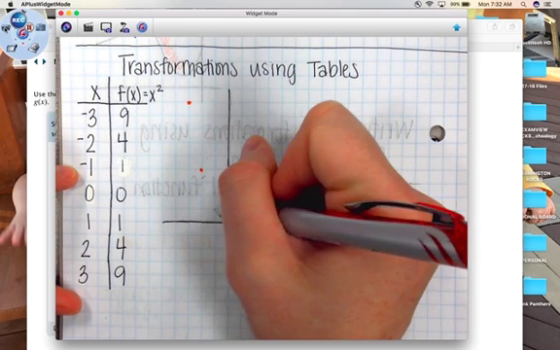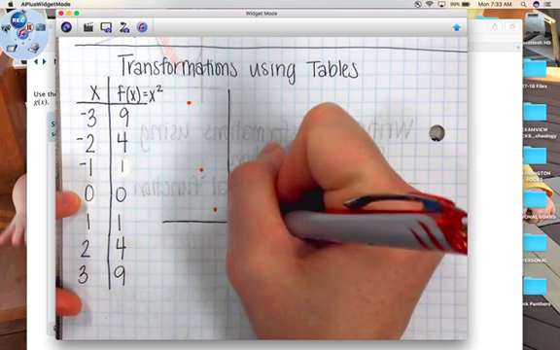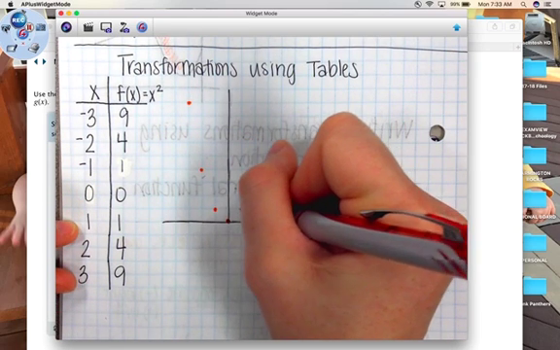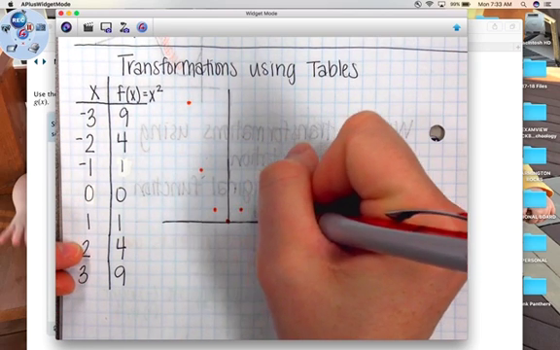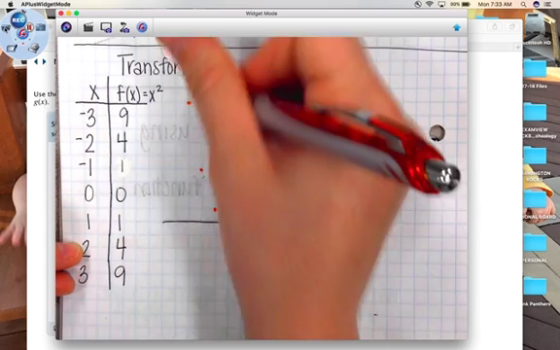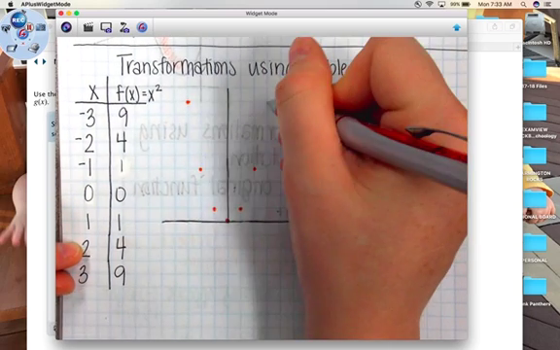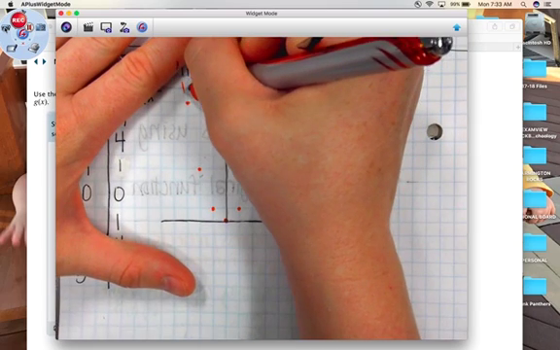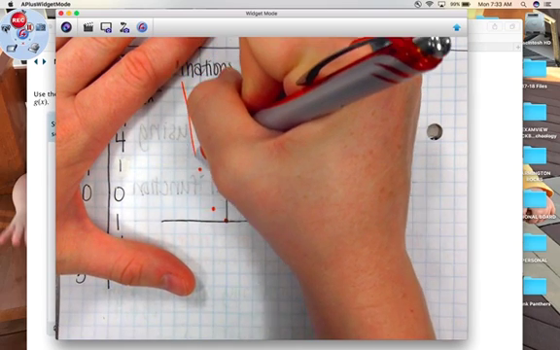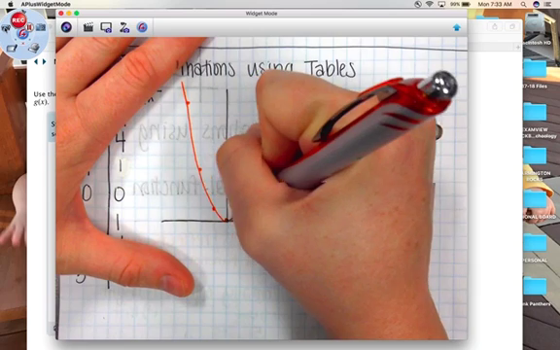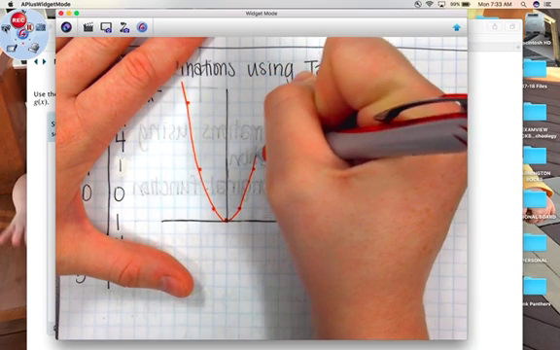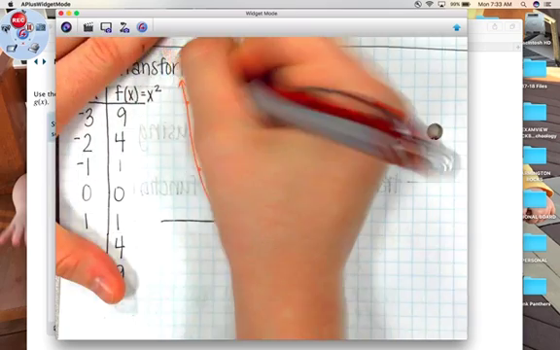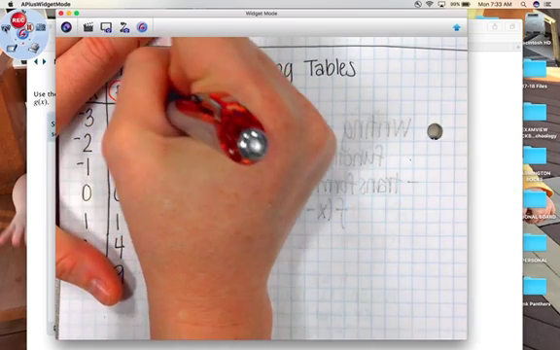And remember, it's symmetric, so I really could just go 1, 1, 2, 1, 2, 3, 4. You know it's going to be symmetric, so 3, positive 9. So that would be my parent function.